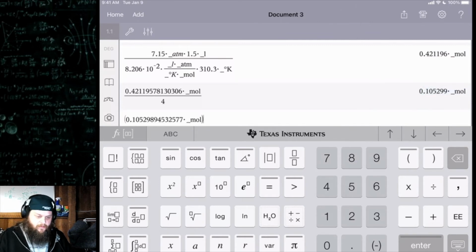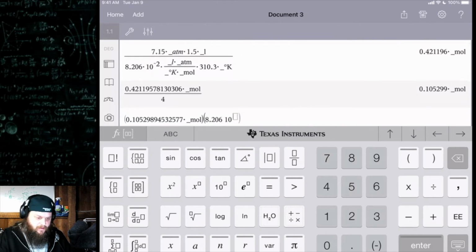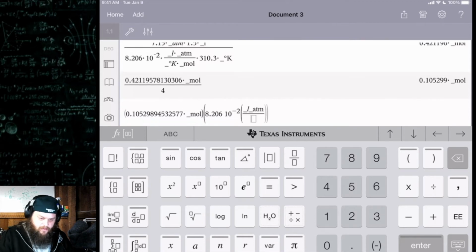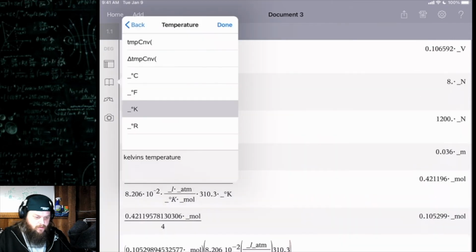This guy times, and I had 8.206 times 10 to the negative 2. Units were liters, atmospheres divided by Kelvin times mole. So that's R. Now T was 310.3 Kelvin.